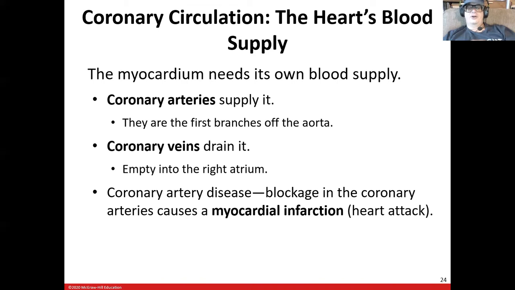So how does this work? Remember I said that the aorta was an elastic artery and it could expand and then come back? Well, you have blood flowing out of the left ventricle into the aorta, and as the blood flows into the aorta, the pressure inside of the ventricle drops, and that semilunar valve shuts, keeping the blood in the aorta.